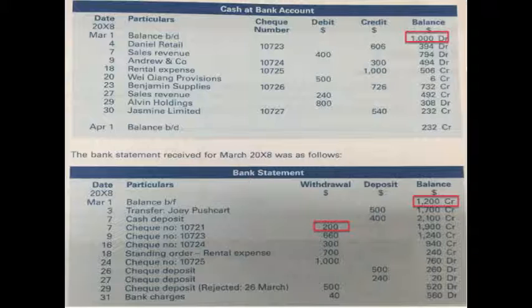So the $200 difference shows that probably last month's withdrawal of $200 is captured in this month's bank statement. Our cash book has already updated that in the previous month, so we do not need to update that $200 withdrawal anymore.